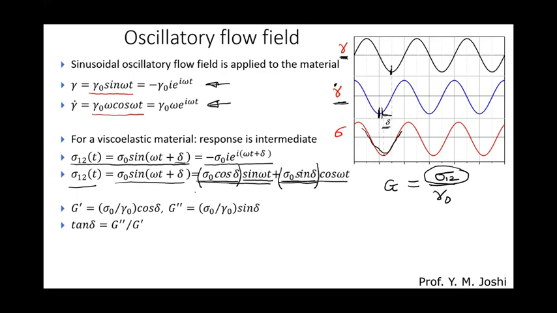So we can simply represent this particular aspect now as sigma 12 prime sine omega t plus sigma 12 double prime cos omega t. So what we have done is that the magnitude of stress which is in phase with strain, we are calling sigma 12 prime, while the magnitude of stress which is out of phase with strain, we are calling sigma 12 double prime.